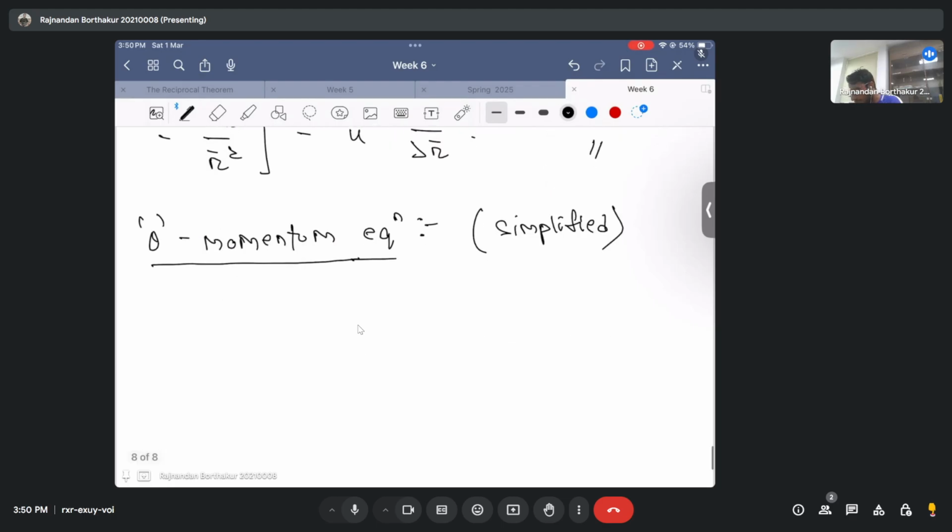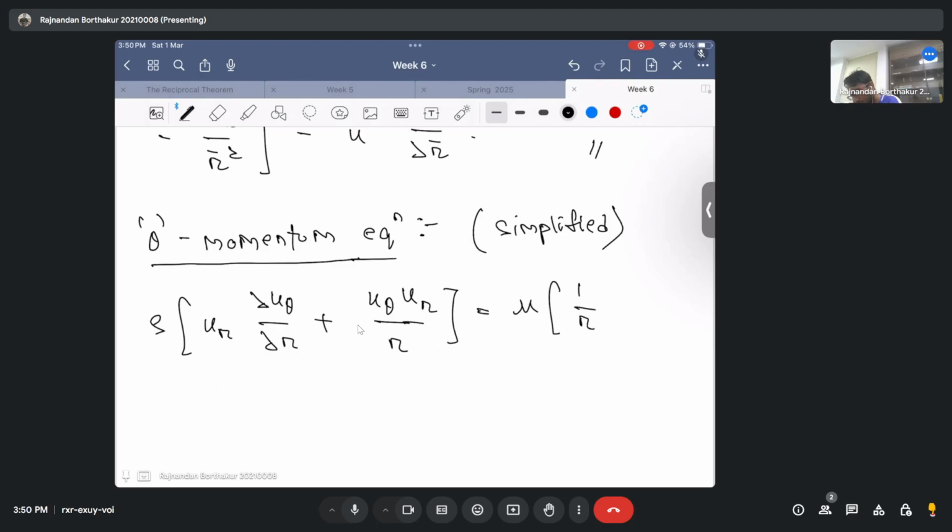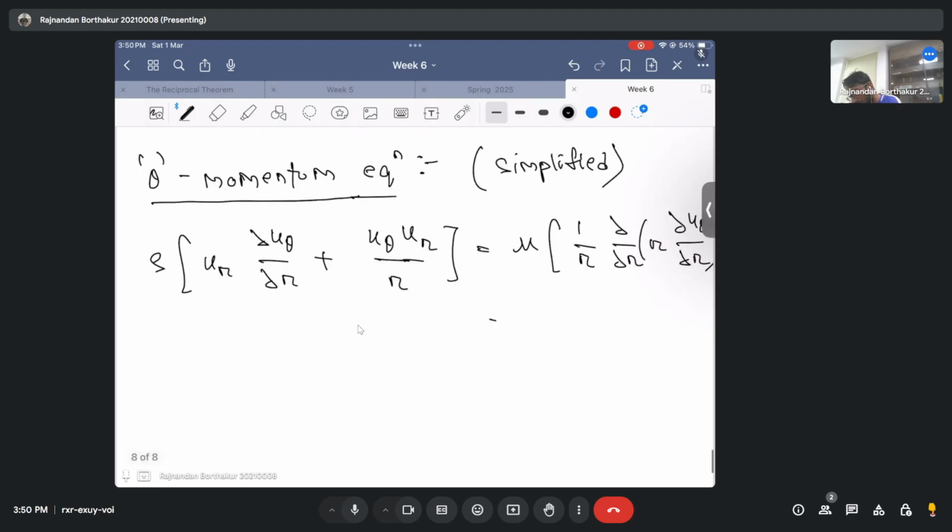And the simplified form for the theta momentum equation is just rho times ur del u theta by del r plus u theta ur by r, and this equals mu times 1 by r del r of r times del u theta by del r, minus u theta by r squared.